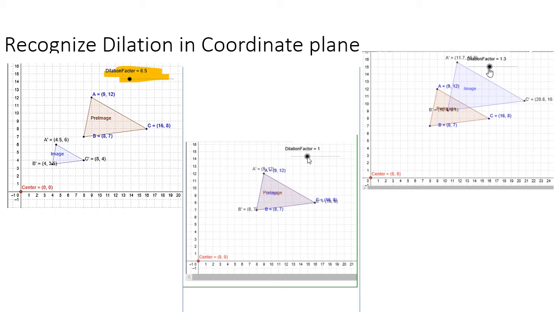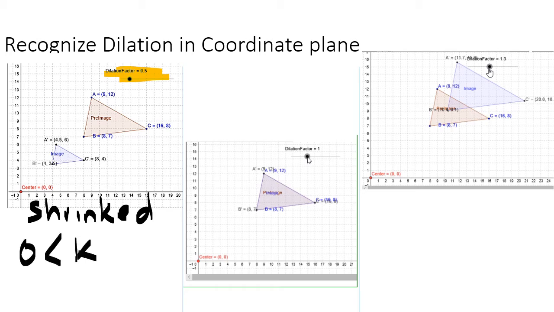Have you noticed that the pre-image is bigger than the image? Since the pre-image is bigger than the image, the image is being reduced, or we say shrunk. In that case, K is always between 0 and 1.